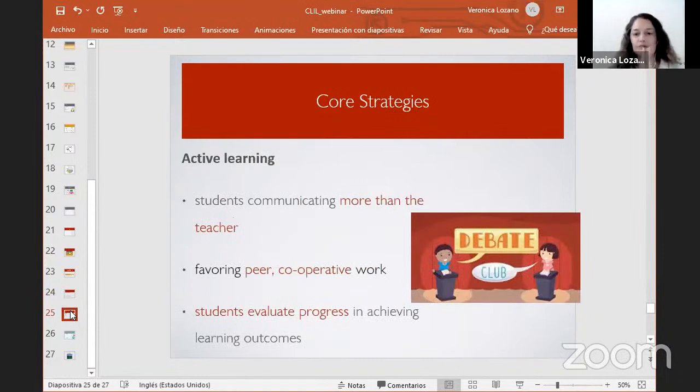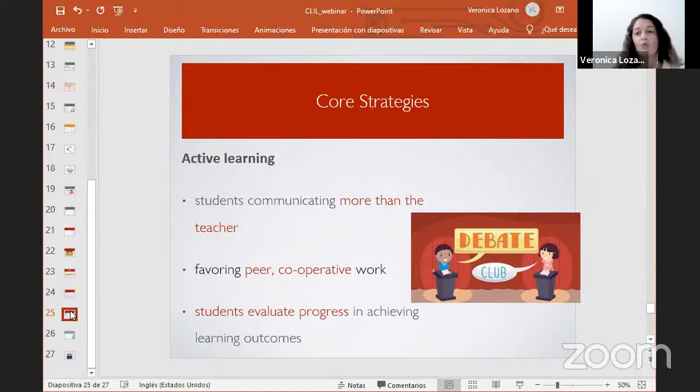Then we also want to foster active learning. And the main idea, the most important idea here would be students communicating more than the teacher, right? When we're working with content, with curriculum subjects, we usually have very extensive readings and videos or lectures.